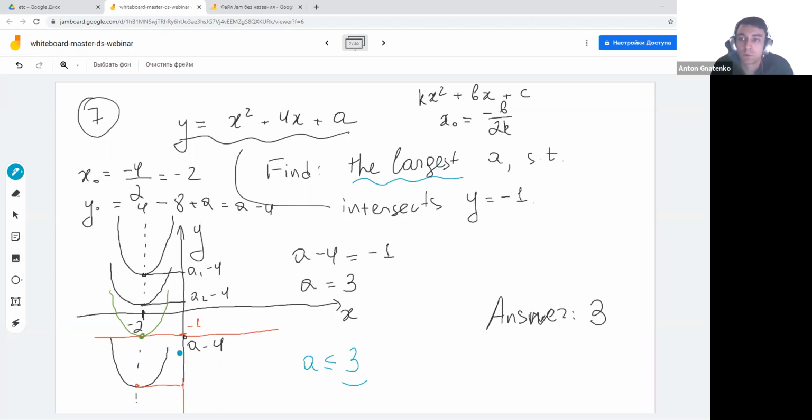The problem will be formulated in such a way that your answer will be a number or a pair of numbers or something. So be careful. You may solve this problem correctly, but if you write this to the answer field because you missed this word, then you'll get 0 for this problem because it's computer checked. Okay, so be careful.